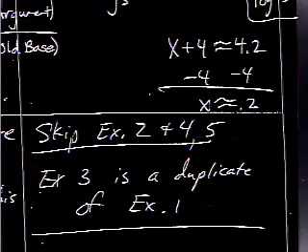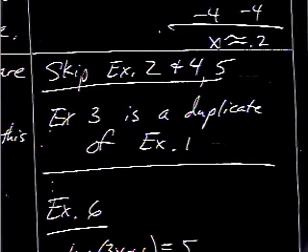Keep in mind, they have quite a few examples in here which rely on a graphing calculator. We are skipping examples 2, 4, and 5 because they are heavily involved in the graphing calculator, and that's not really what we're going to emphasize in this class. So don't worry about those. Example 3 is a duplicate of example 1, so we're not going to worry about that one either.